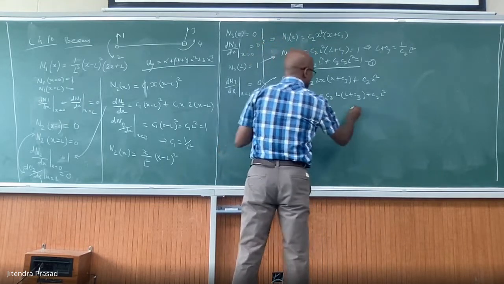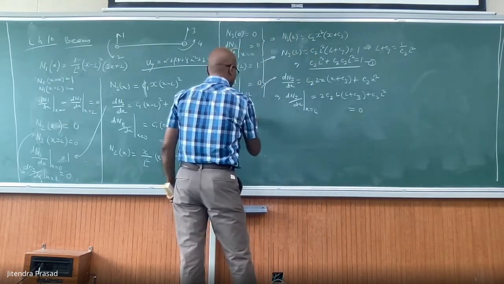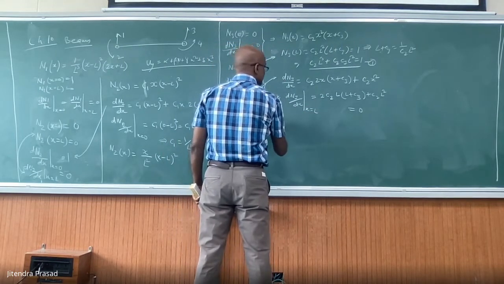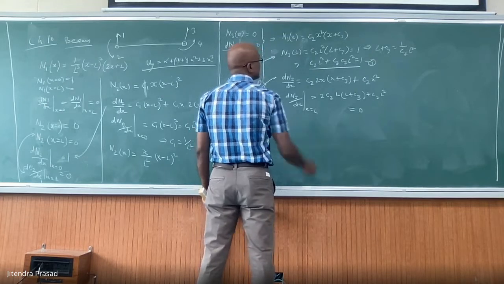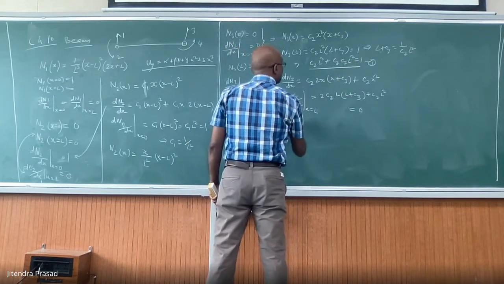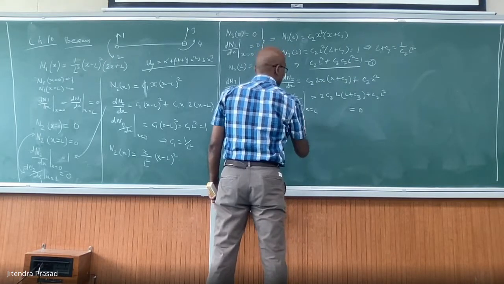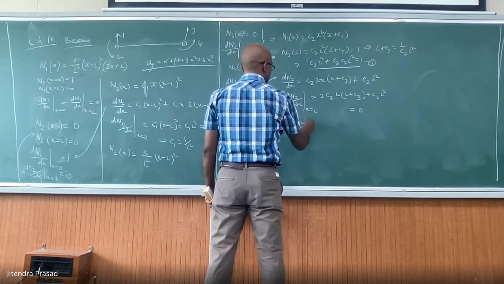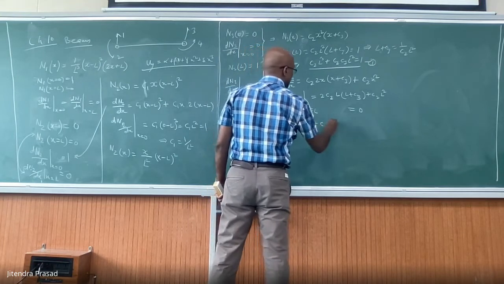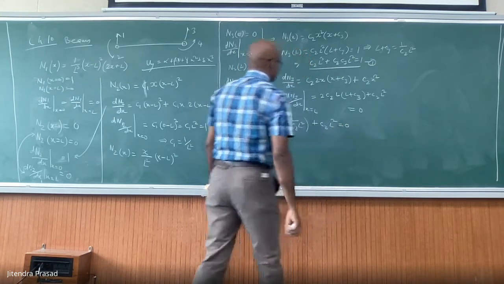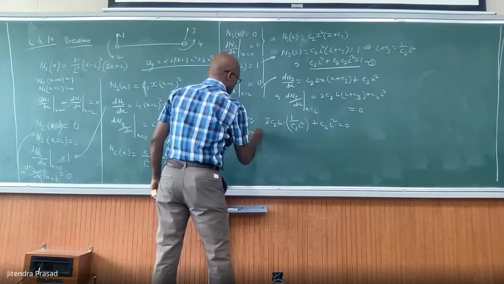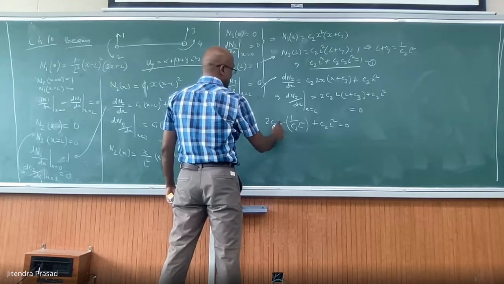So this whole thing is equal to 0. So we can say 2 C2 L, and then you have (L plus C3), is equal to 1 over C2 L square. So this one plus you have C2 L square equal to 0. Or C2 cancels out, L also.